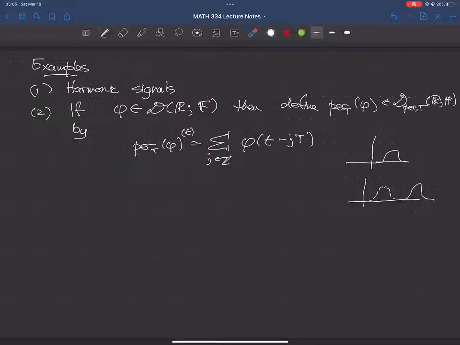Among the set of all T-periodic infinitely differentiable signals, there is a certain important class.